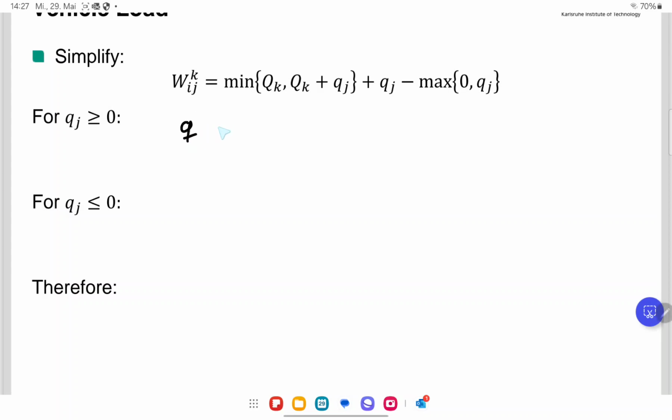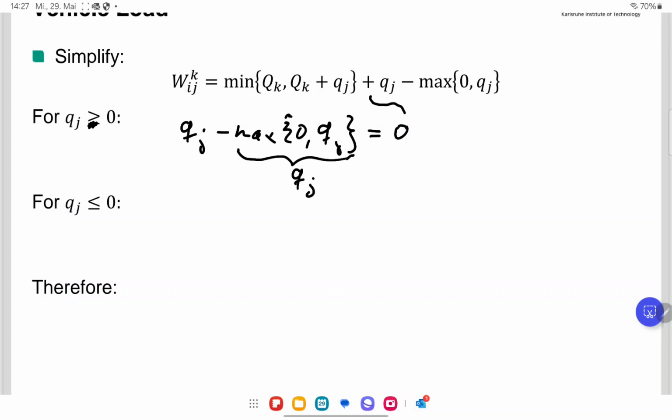So that would mean that Q_J minus the maximum of 0 and Q_J is exactly 0. Because if this is a real positive value, then it is Q_J, and then this entire second and third part would cancel out. Okay, then we would have 0.